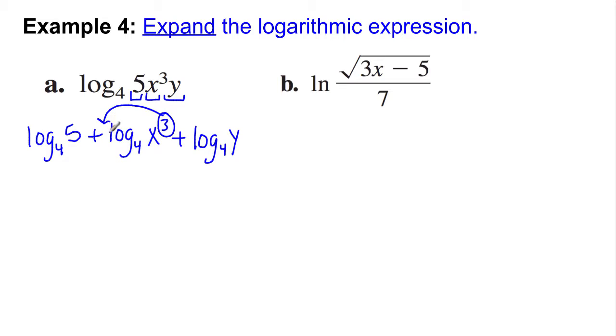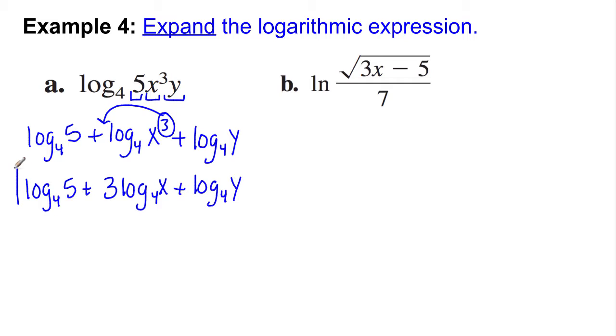We can bring that out front. So using that power property, my final answer would be log base 4 of 5 plus 3 times log base 4 of x plus log base 4 of y. So that would be the expanded logarithmic expression there.